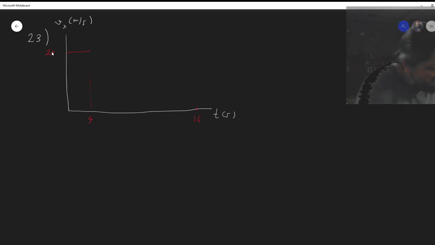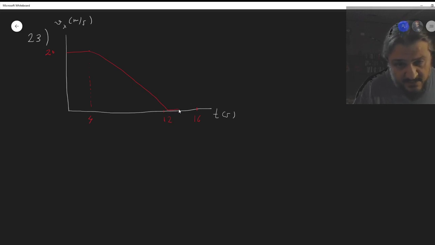And then between 4 and 12, okay, so you hit the brakes and the car starts slowing down. So it slows down to 0, okay, a steady decrease in velocity, a straight line, down to 12.